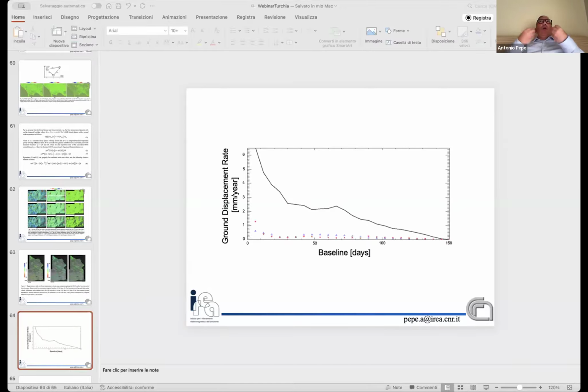If we know that deformation respects a model, we can put this model as an input of the black box diagram that I've shown to you. If we have GPS measurements, we can use them. If we have pixel offset measurements, we can use them. So it is a general framework where everyone can introduce what he has.